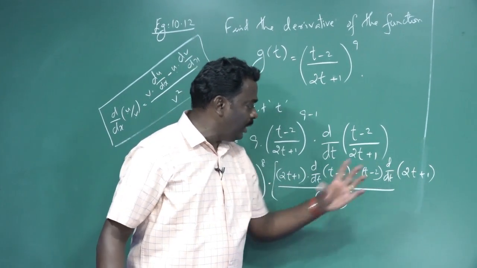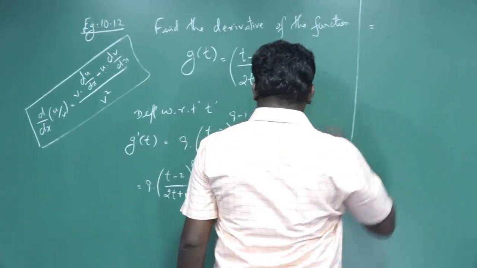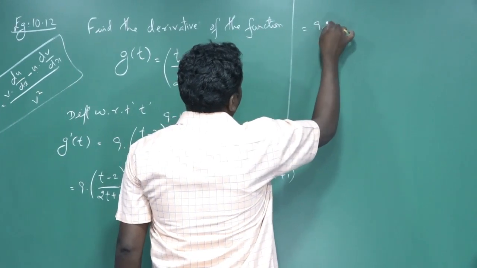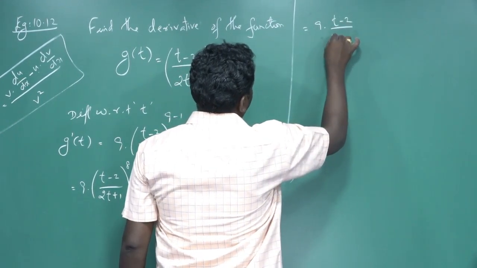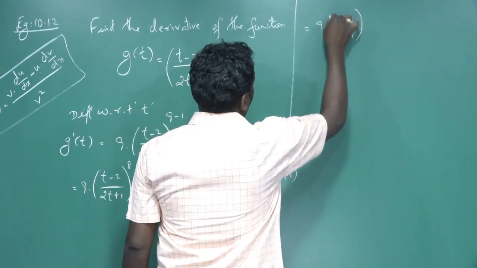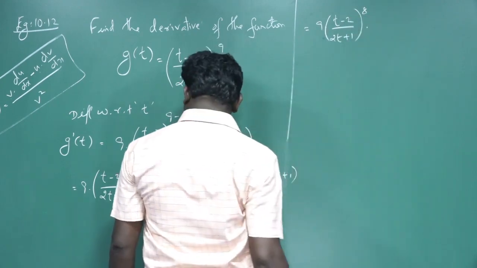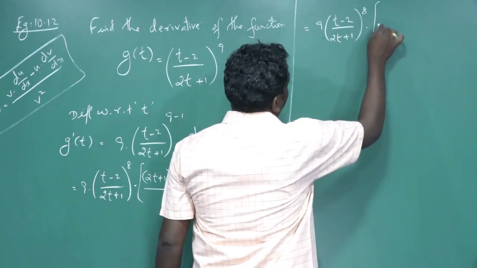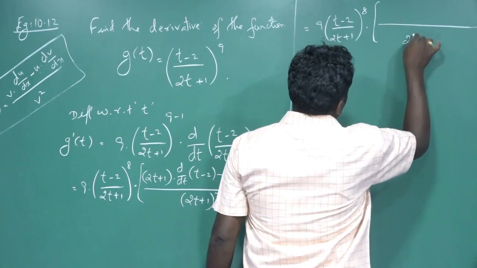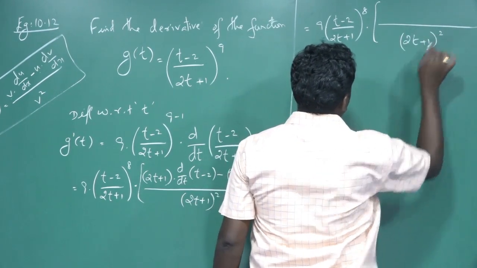Now differentiate these two terms. That is equal to 9 into ((t minus 2) by (2t plus 1)) whole power 8 as it is, again the denominator (2t plus 1) whole square as it is.